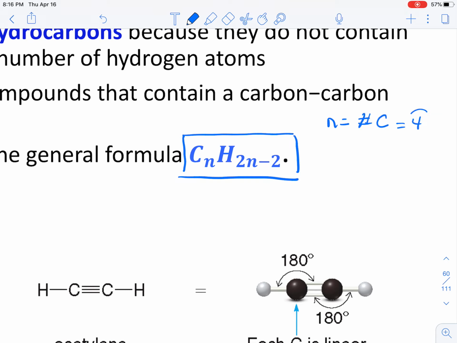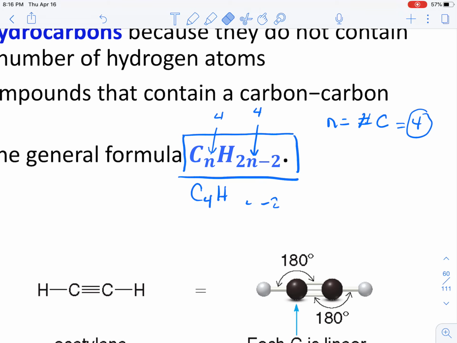So if you have a 4-carbon compound, what would its chemical formula be? Well, you're just going to plug in 4 for n in both places. Here you would get C4H2 times 4 minus 2. So 4 times 2 is 8, minus 2 is 6.